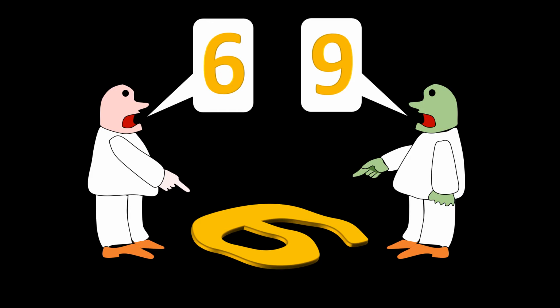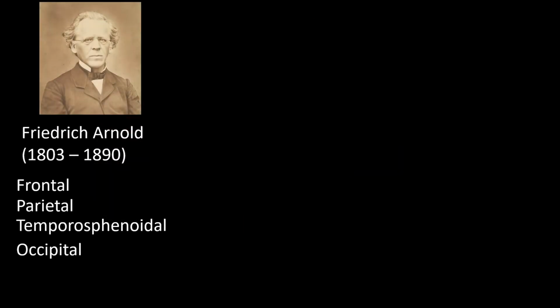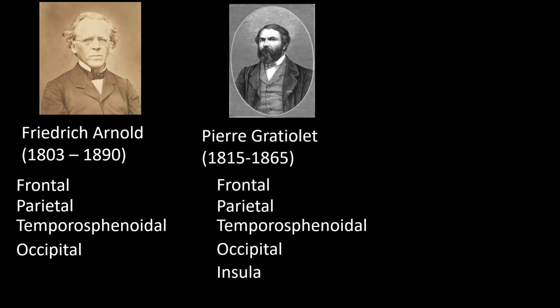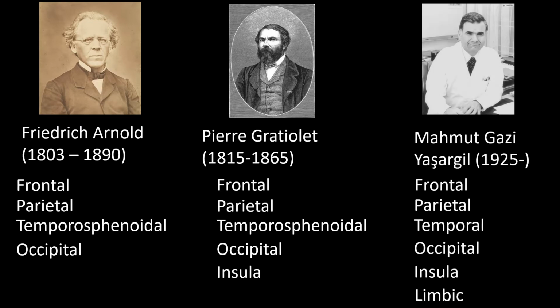The number of lobes is controversial because different authorities in the field of neurology have said different things. Dr. Arnold described 4 lobes, named as you can see in this frame. Later, Dr. Gratiolet described 5 lobes, and Dr. Gassi 6.